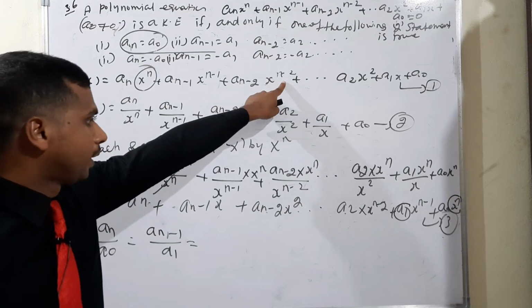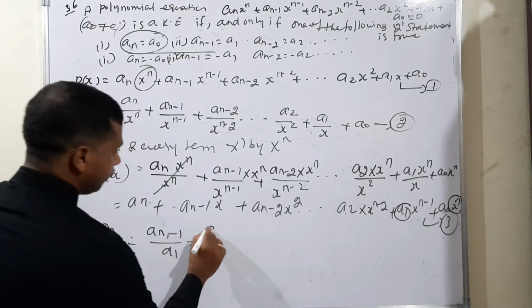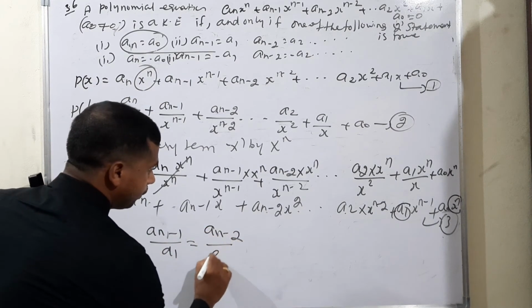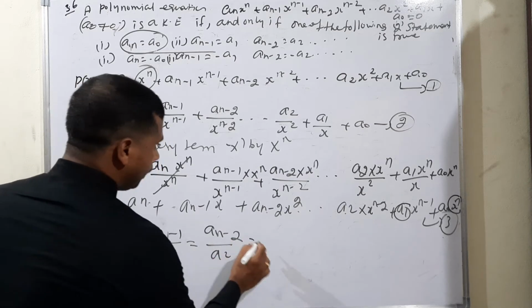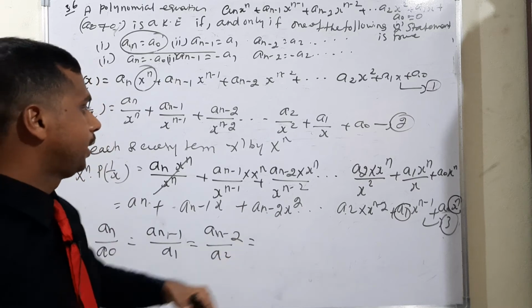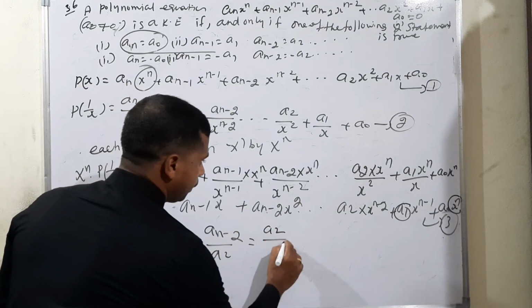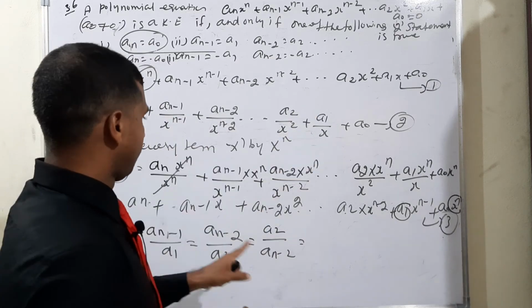Coefficient of x to the power n minus 2, here coefficient of x to the power n minus 2, a2, therefore an minus 2 divided by a2, equal to next one. Here coefficient of x square, there is coefficient of x square an minus 2 is there, therefore a2 divided by an minus 2 is equal to next one.